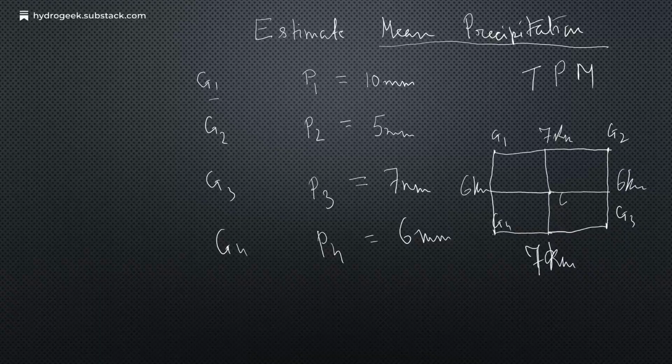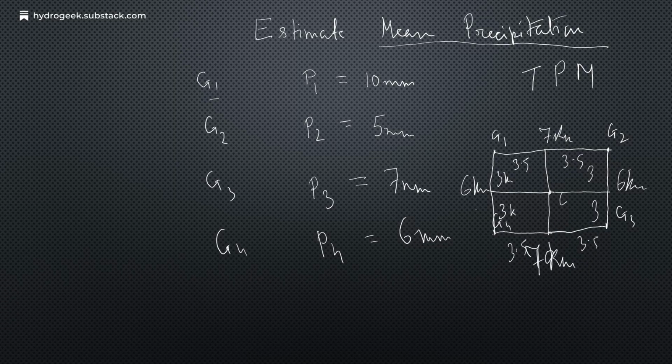As this is a perpendicular bisector, this will be 3.5, this will be 3.5, because the total length is 7 km. For G2, G3, this will be 3, this will be 3. For G3, G4, this will be 3.5, this will be 3.5. And similarly, this will be 3 km, 3 km, as this is a perpendicular bisector.